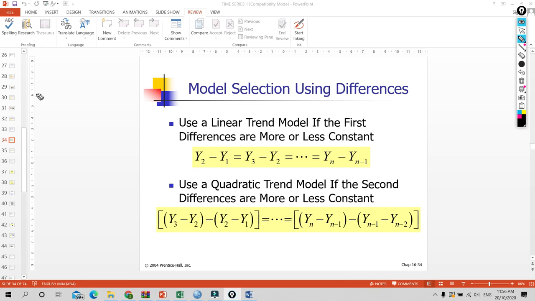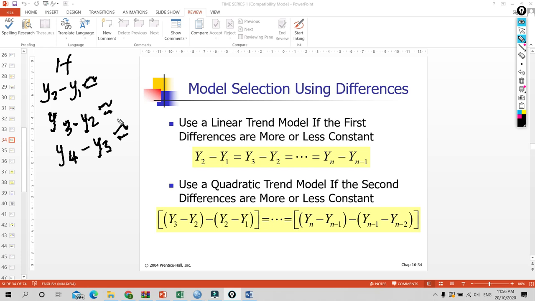So now let's say I find that y2 minus y1 is approximately equal to y3 minus y2, approximately equal to y4 minus y3, approximately equal to y5 minus y4, and approximately equal to y6 minus y5.